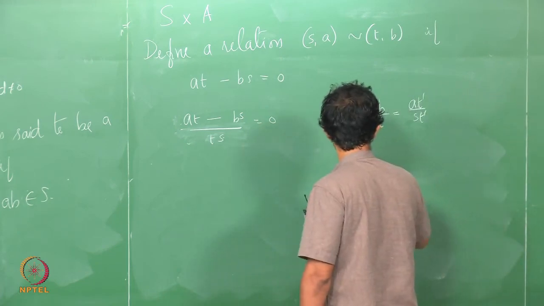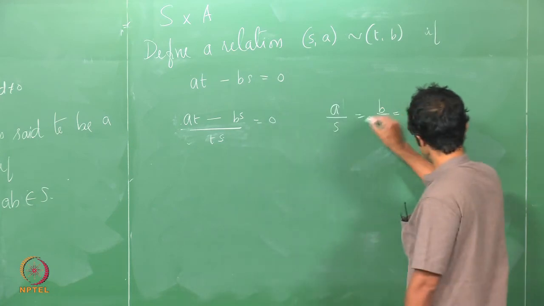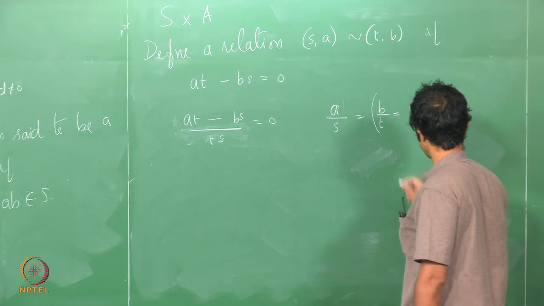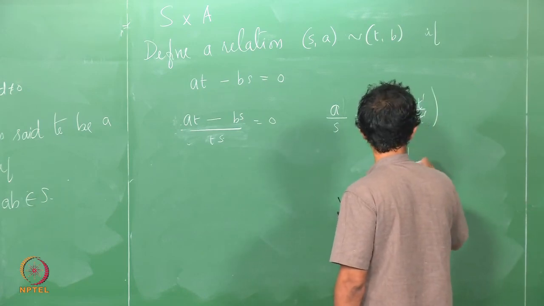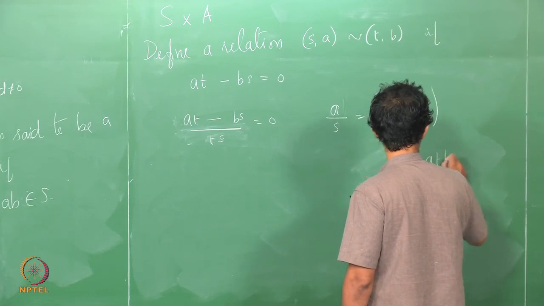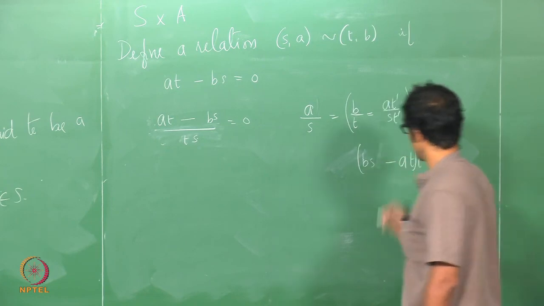Or in other words, so let us now look at this condition. This says that BST prime minus ATT prime is 0.